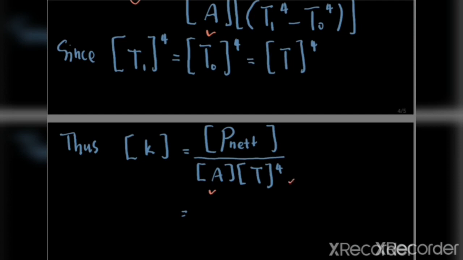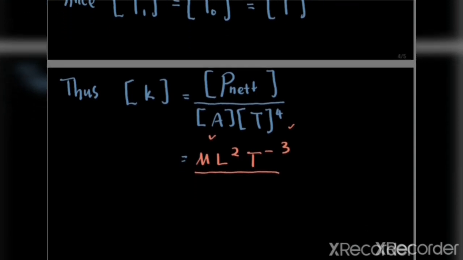Since we already determined the dimension for P_net, which is ML^2T^-3, and the dimension for area, which is L^2, and the dimension for temperature is theta, we continue with the power of 4.